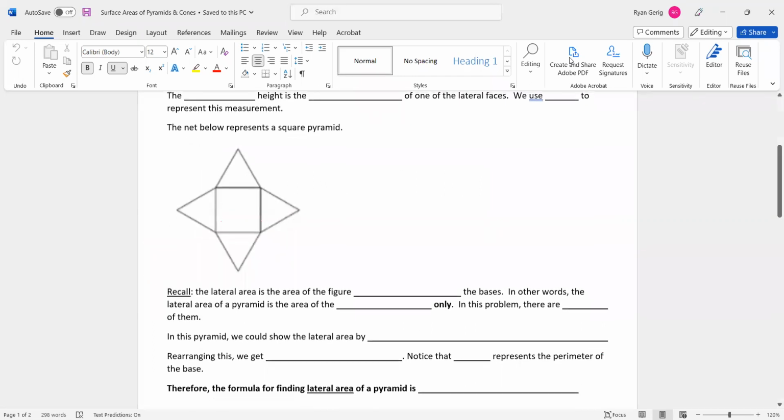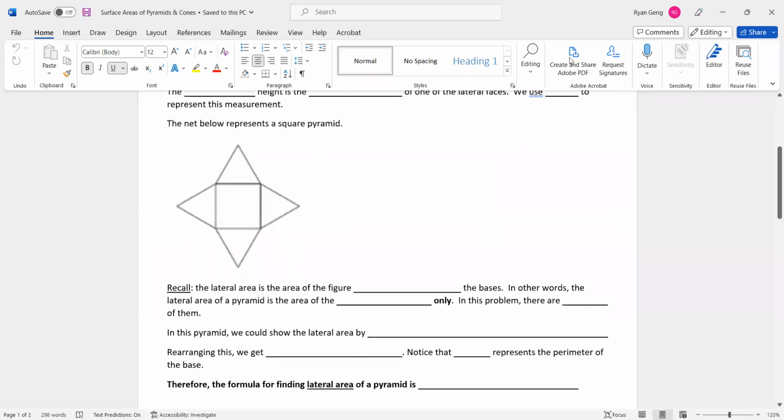Okay. So the net below represents a square pyramid. I'm going to draw as best I can the 3D shape. So this is a square tilted so that I can show you what's happening here. All right.